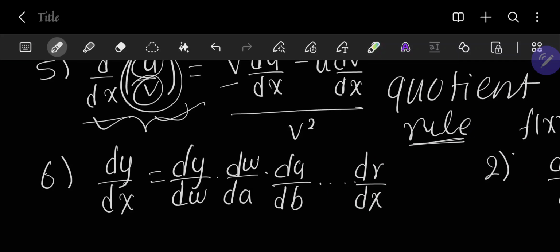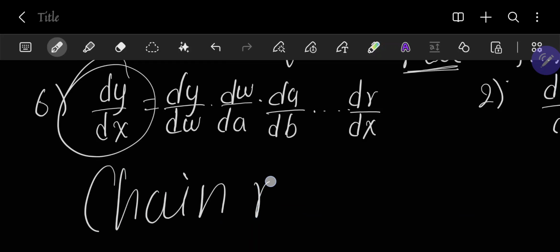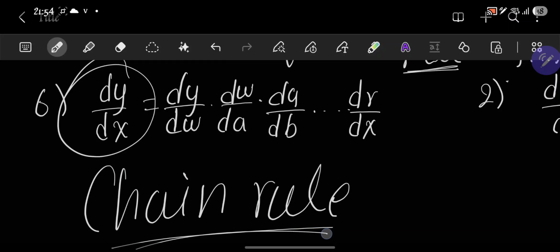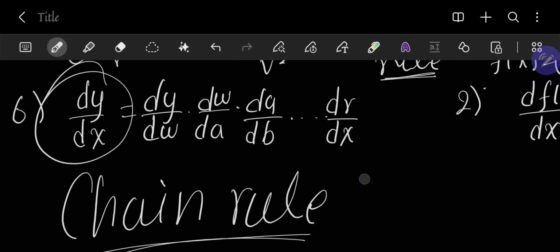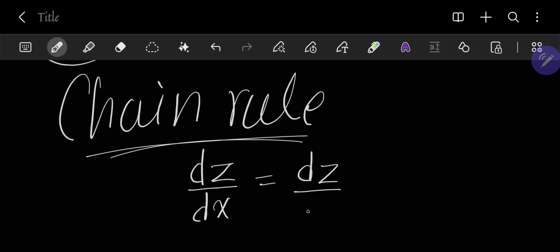After that, we have something called the chain rule. Now, this is a very important and very useful rule in differential calculus. What this essentially states is that if we have some sort of a derivative, let's say dz/dx, we can write this as dz with respect to anything, let's say dA.